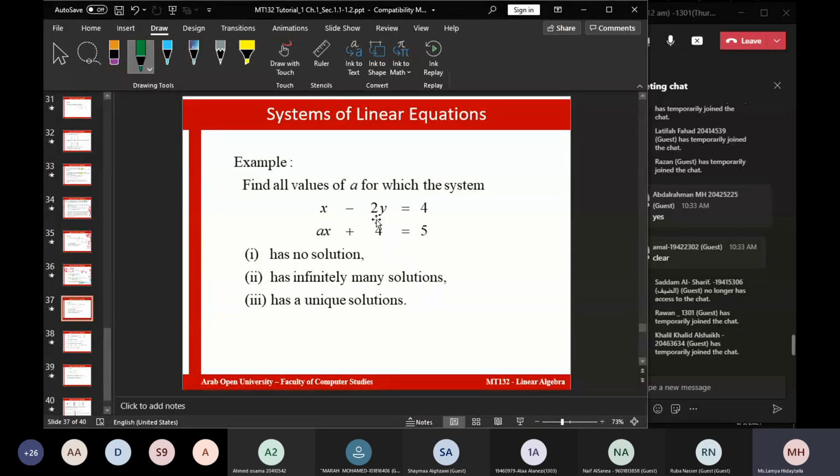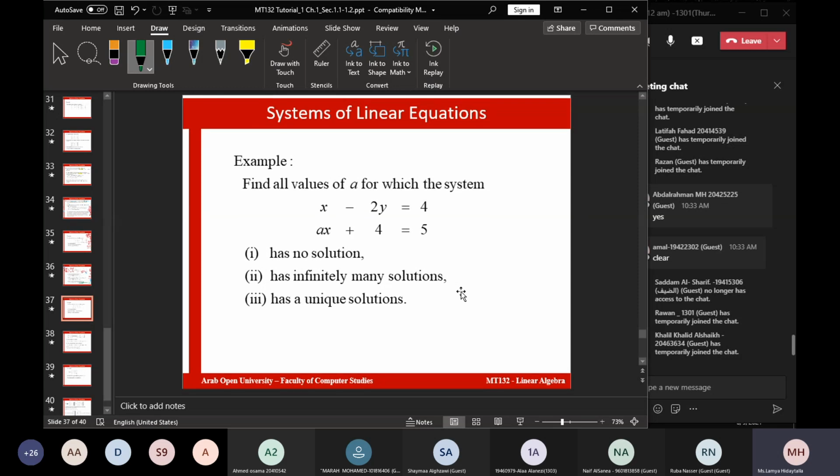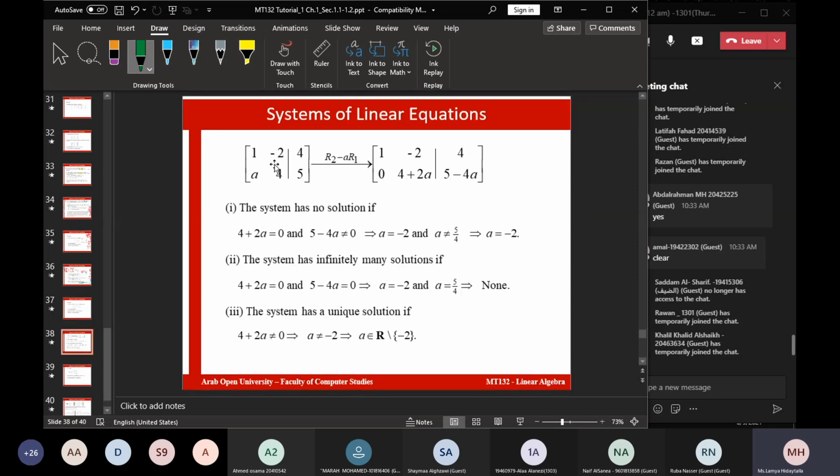Okay, let's solve another one. Find all values of A for which the system, this one, has no solution, has infinitely many, has a unique solution. The same way: put it in the augmented form and try to reduce it to upper or lower triangular form. So this is the augmented matrix.